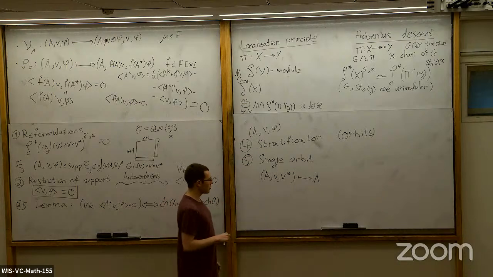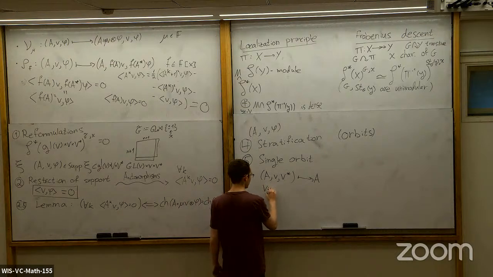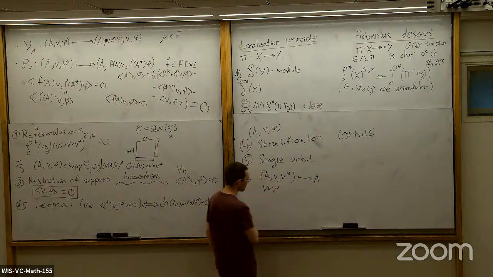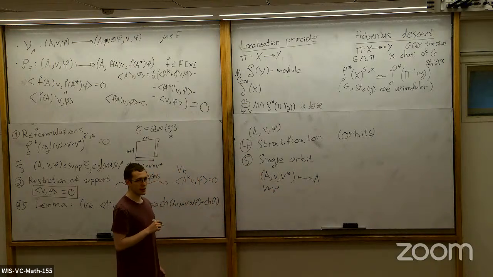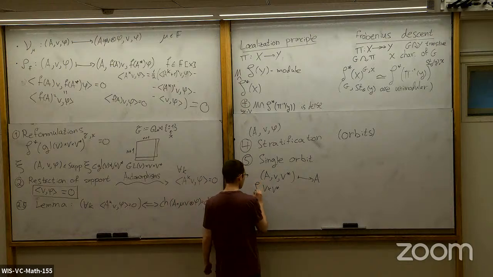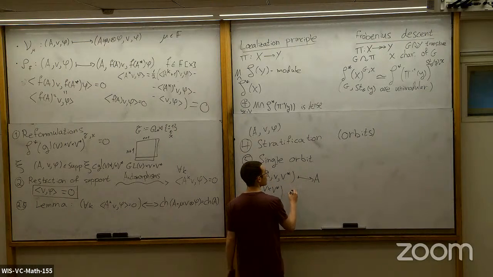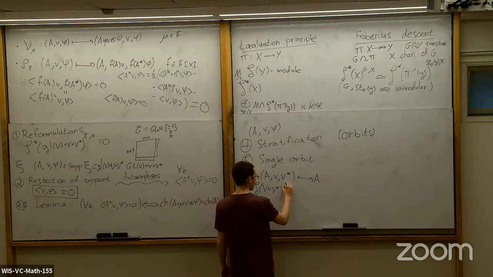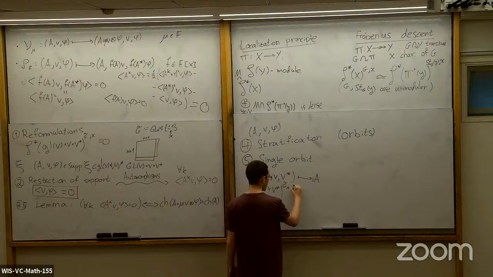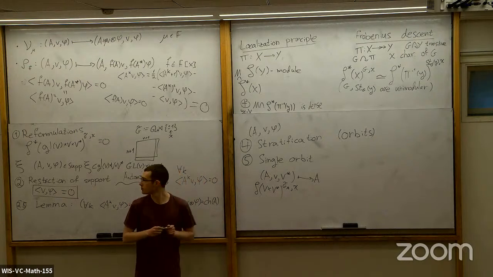And what is the fiber of this map? The fiber is actually V times V star. So we have distributions on V times V star. It's not G tilde, it's some G tilde A. And they also satisfy these conditions?